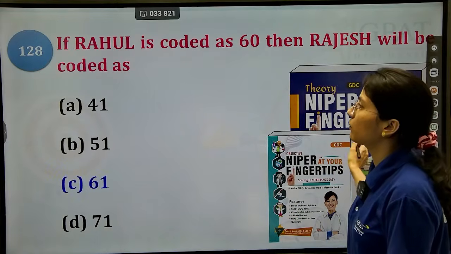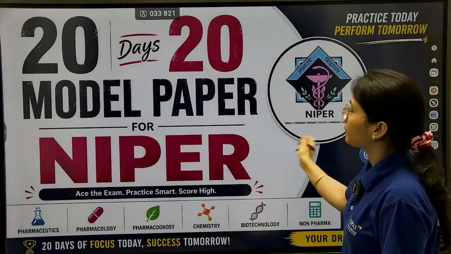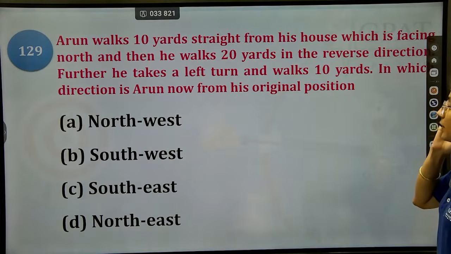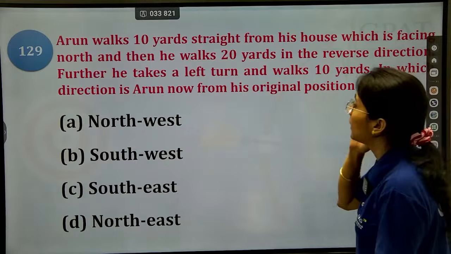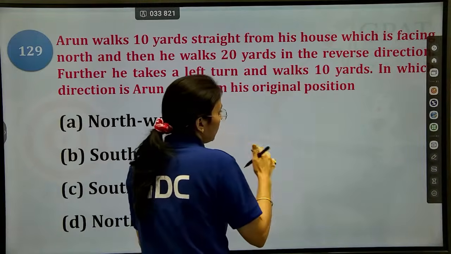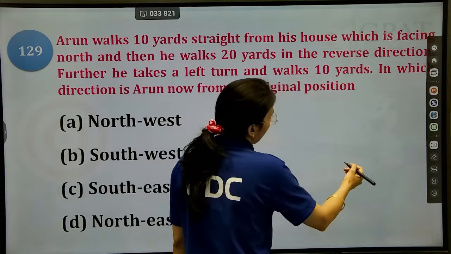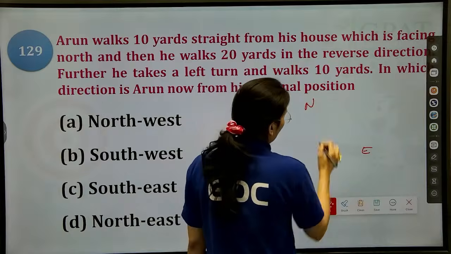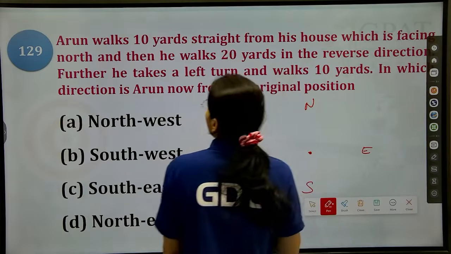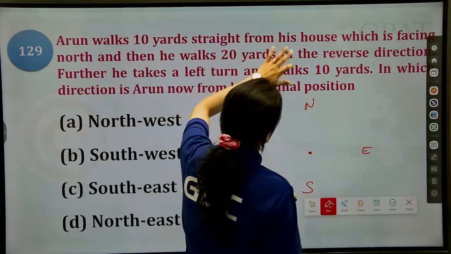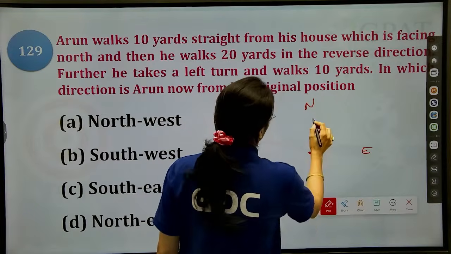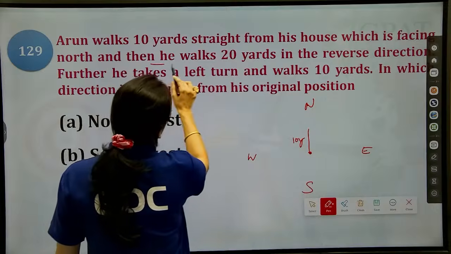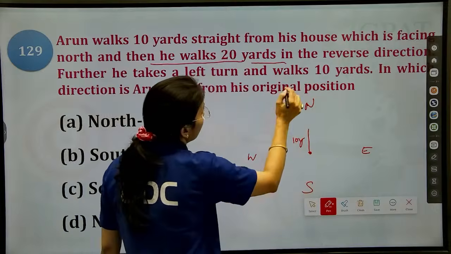Now move to the next question. Arun walks 10 yards straight from his house which is facing north. Again, east, west, north, south. Arun walks 10 yards straight from the house which is facing north, and then walks 20 yards in the reverse direction.